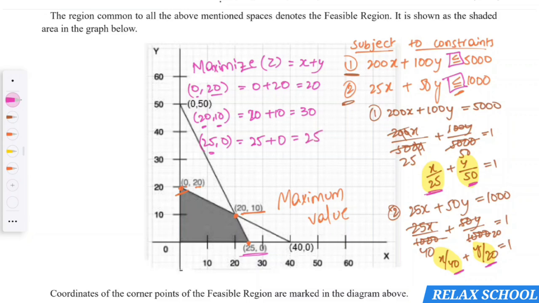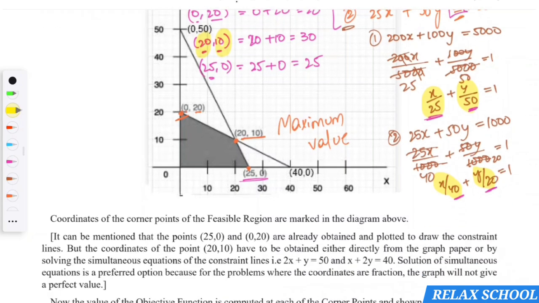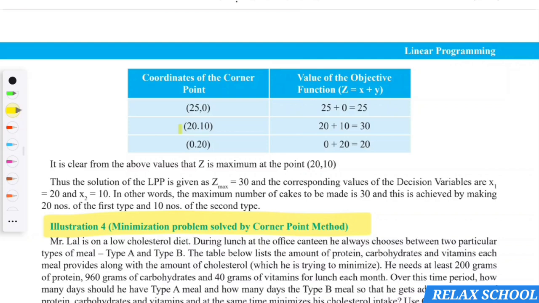So the maximum number of cakes that can be produced while satisfying both of these constraints is by producing 20 number of x cakes and 10 number of y cakes. Let us check the answer. Yes, it was the same. Our decision was to produce 20x and 10y.